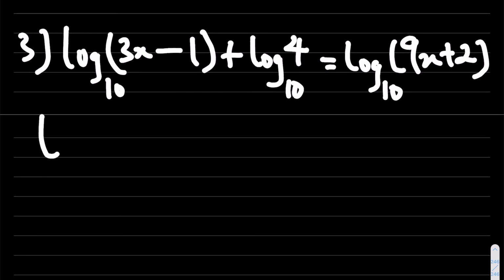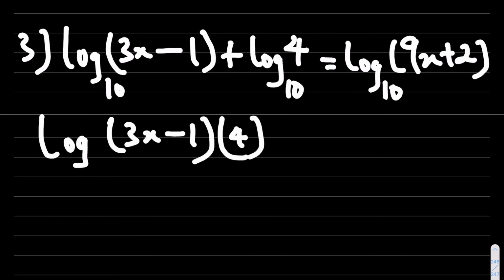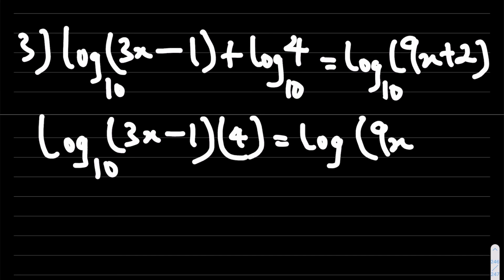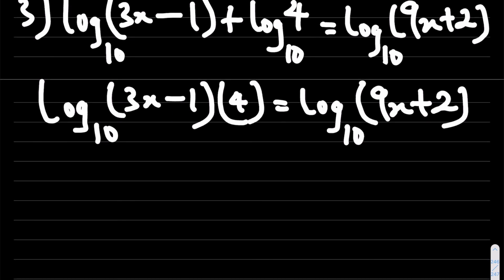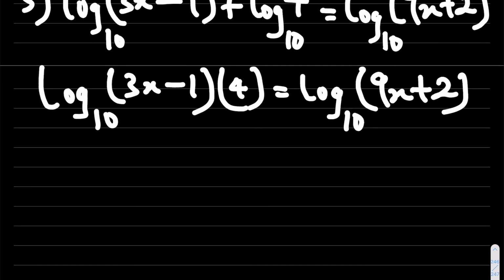The left hand side is the same as log of 3x minus 1 times 4 base 10 equals log 9x plus 2 base 10. We know that log p base b plus log q base b is the same as log pq base b.